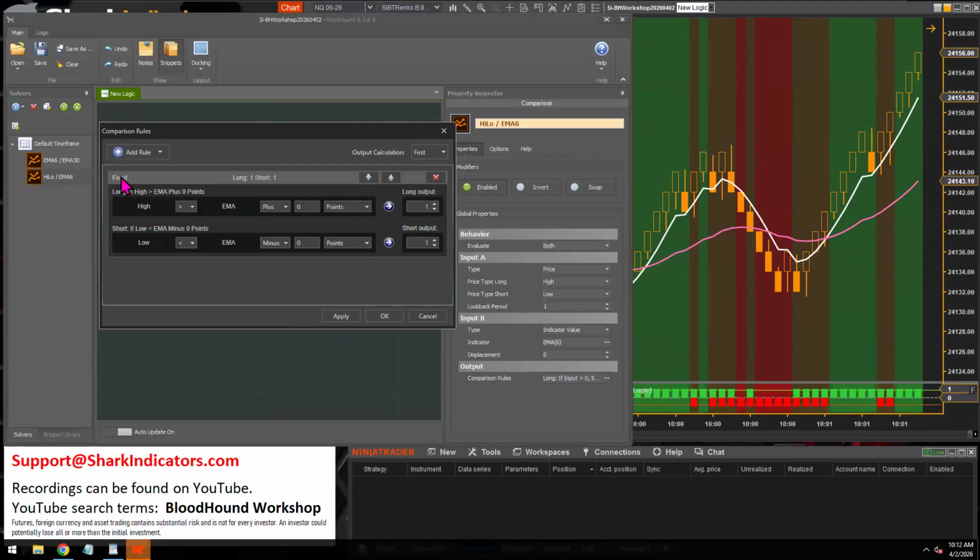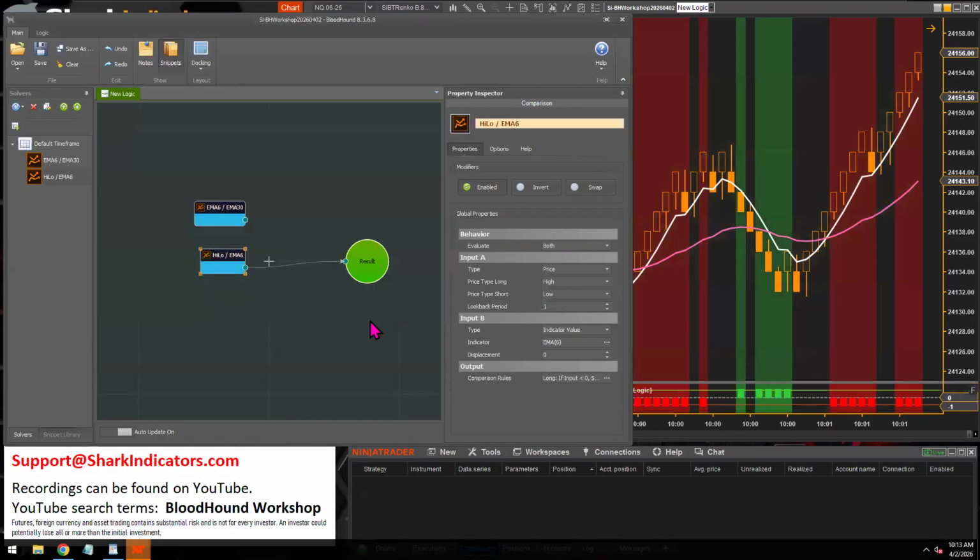All right, so for a long signal, the high price needs to be less than, not greater than, right? It needs to be below the EMA. So we need to switch this to the less than symbol, and that means we're going to reverse the symbol for the short signals. So there we go, just a simple reversal, which is fairly common sometimes.